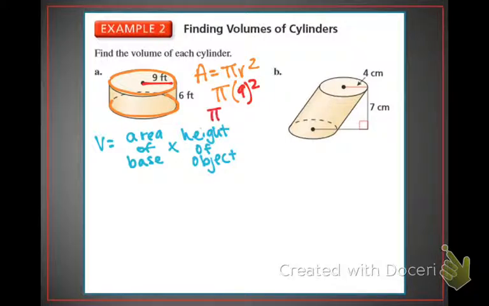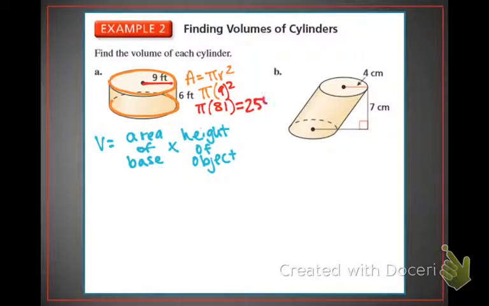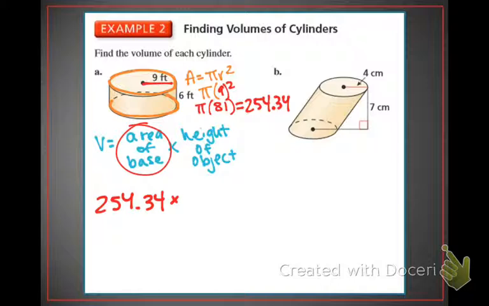What is 9 squared? 81 times 3.14. We will get a large number. Hold on, sorry. 254.34. So that's the area of the base times the height of the object, which is 6.